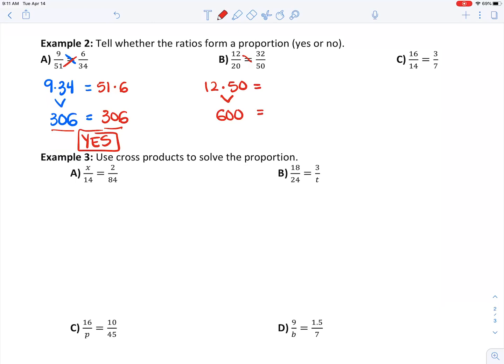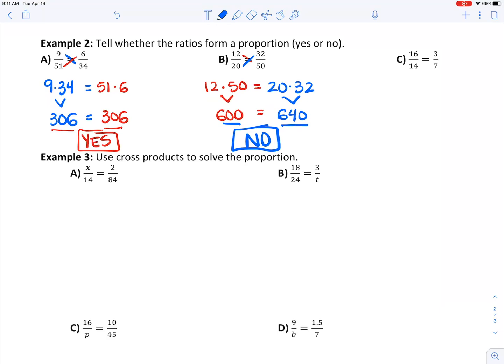First of all, I'm just going to write down 12 times 50 is 600. Okay, so now let's see, is this equal to my other cross product? So what is 20 times 32? Well, 20 times 32 is 640. So 600 and 640 are not equal, so this does not form a proportion. It is definitely a no.